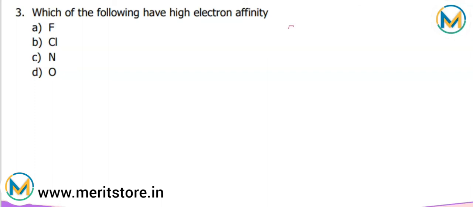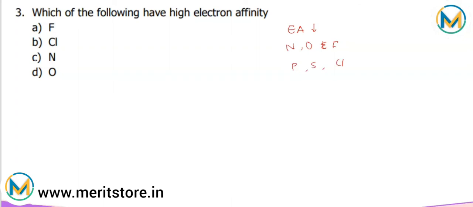Electron affinity decreases down the group, but electron affinity of some elements of the second period like nitrogen, oxygen and fluorine are however lower than the corresponding elements of the third period like phosphorus, sulfur and chlorine.